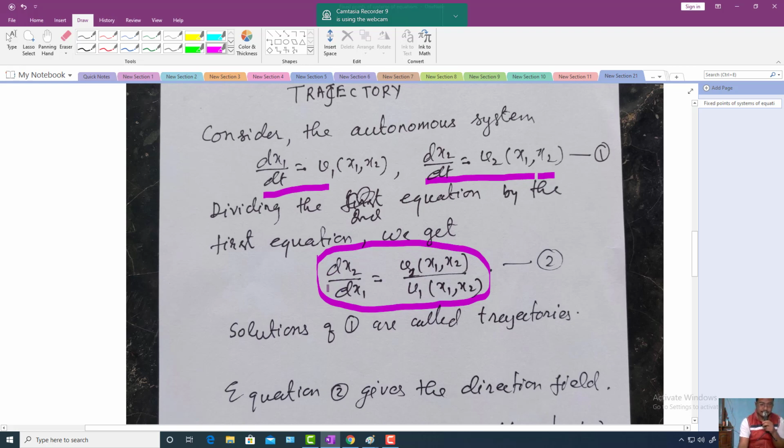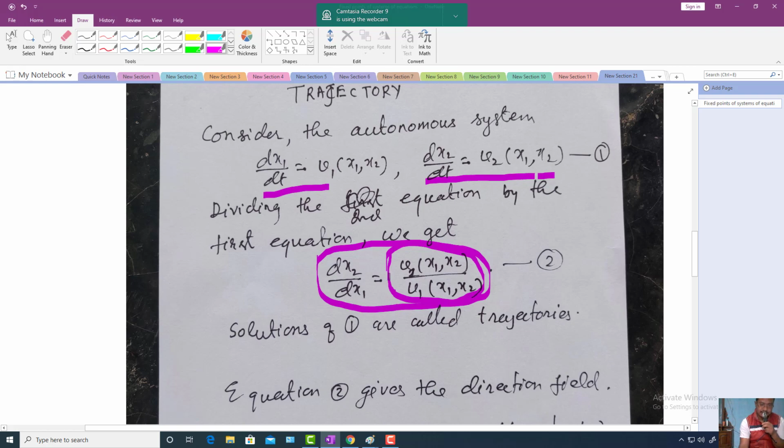The plane is called the phase plane. Here also dx2 by dx1 will be the slope at a given point. So at a given point of x1 and x2 in the phase plane, if you evaluate this right hand side quantity, that will give you the slope, tan theta, and you can find out theta.